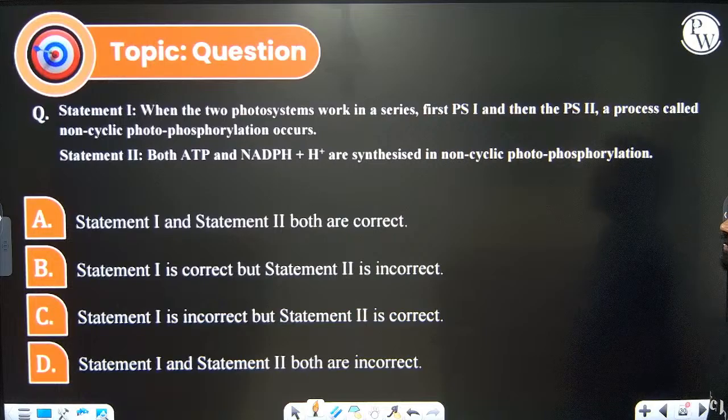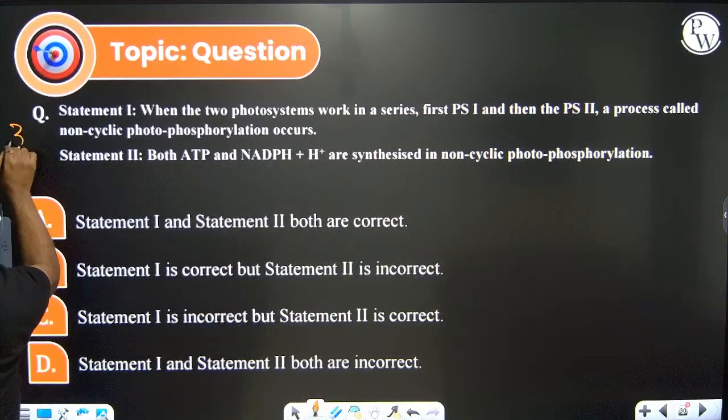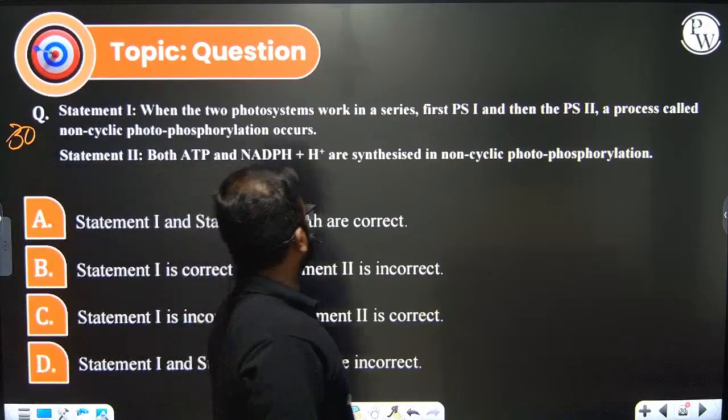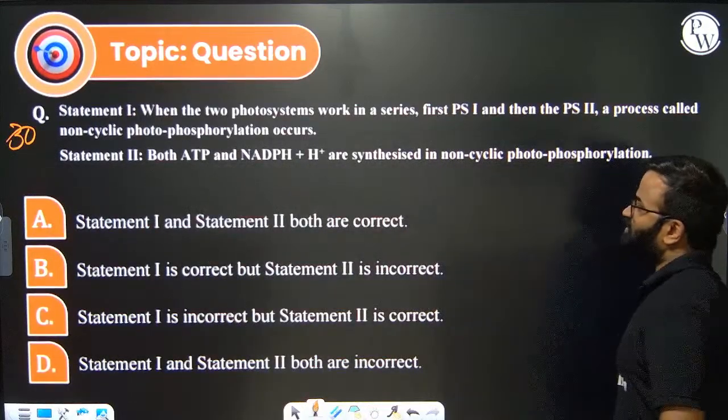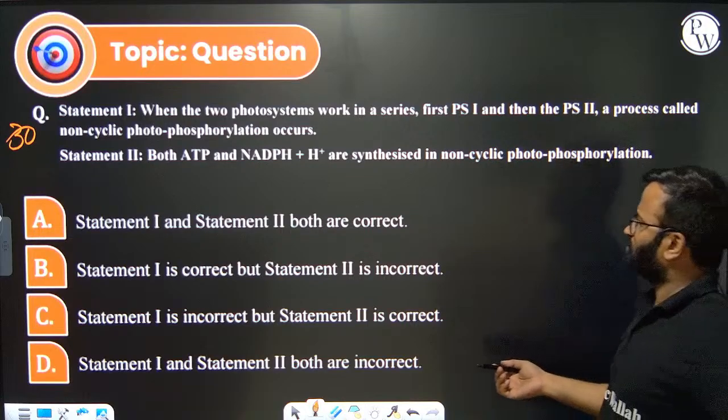Next, the 30th question. When the two photosystems work in a series, first PS1 and then PS2, a process called non-cyclic photophosphorylation occurs. Which is true?